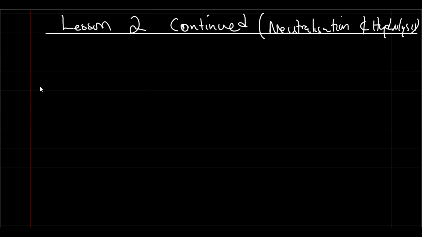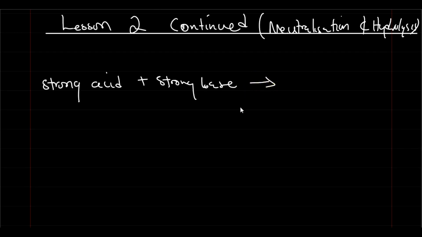go back to neutralization. Okay, so now if I have a strong acid, I add it to a strong base, okay. So now the reaction is not going to have double arrows, it's going to have one forward arrow.